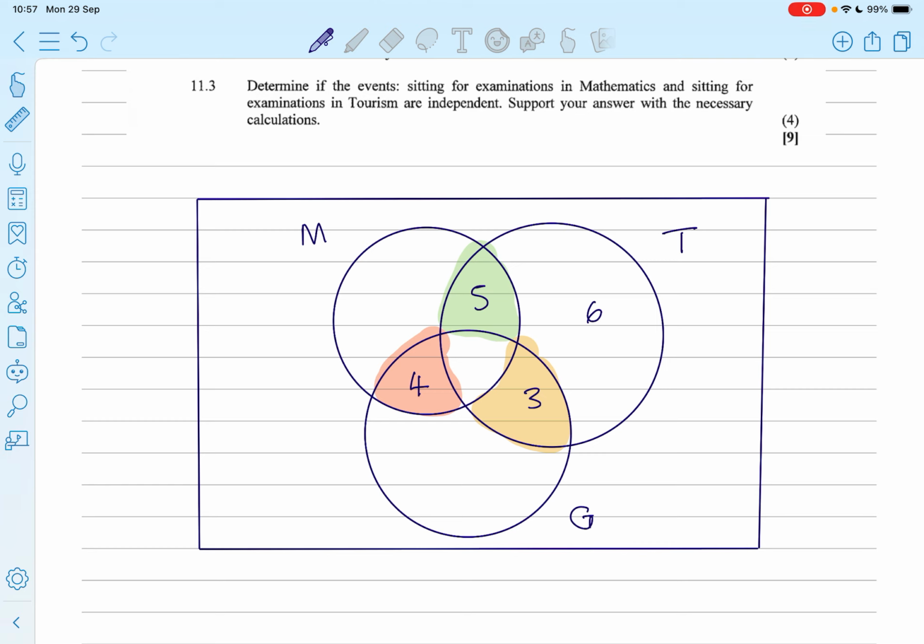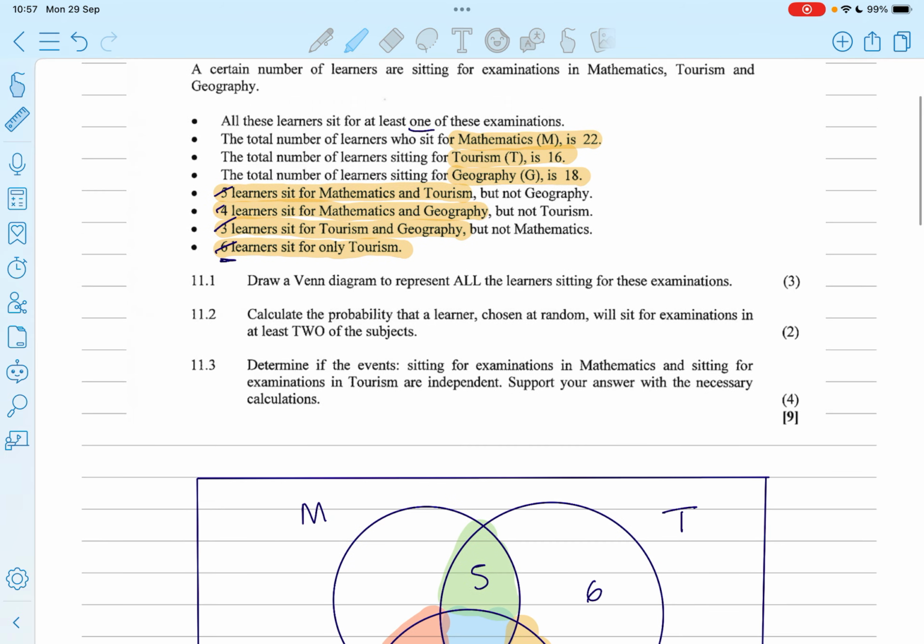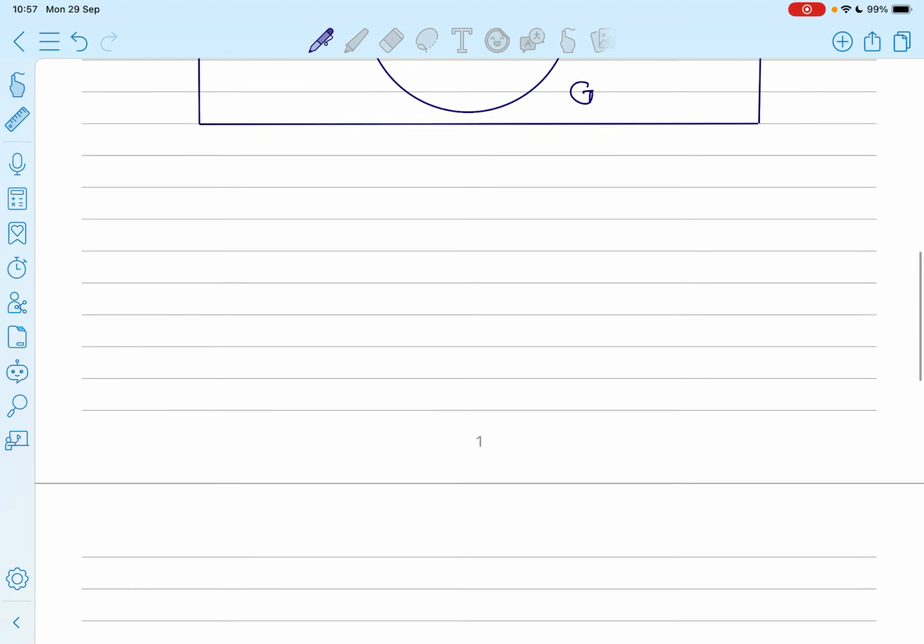We've got the 5, 3, and the 6. The only value that's missing is the number of students who do all 3 subjects, which is right there in the center. So we can calculate that using the total for tourism, because we know that the total for tourism is 16.